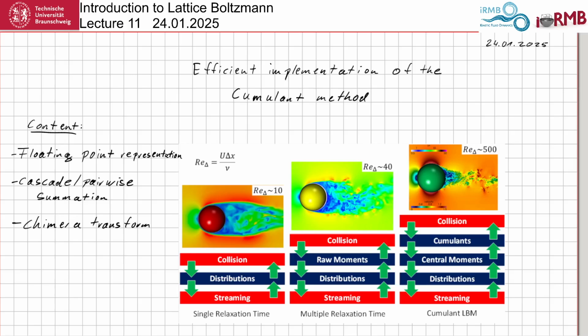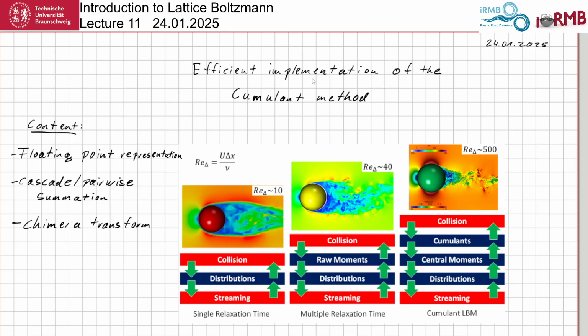Okay, and the topic here is the efficient implementation of the cumulant method. An interesting historical fact is that the idea to use cumulants in the Lattice Boltzmann method had been around for a pretty long time before there was actually a working cumulant method, because it turns out that it is technically difficult to implement cumulants.